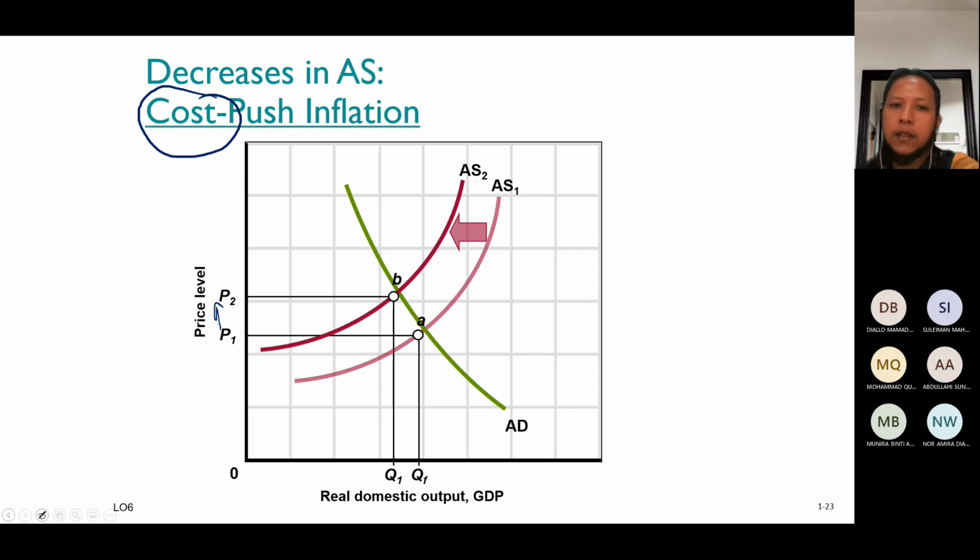And you can argue that both cost push inflation and demand pull inflation are happening at the same time right now.